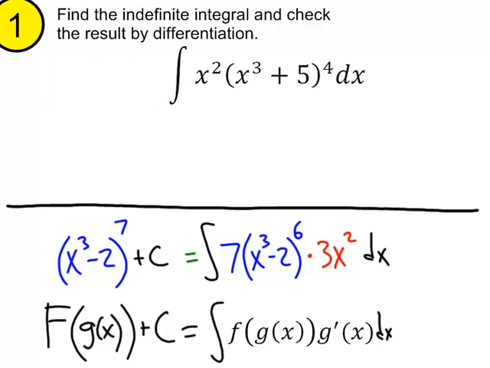So let's keep this down here, and let's tackle that problem up above now. I'm going to move it over a little bit and line it up with this function down here, and set up a similar structure. I'm recognizing that x cubed plus 5 is the inner function. And when I ask myself what's the derivative of that inner function, we get 3x squared. The x squared that we have hanging out on the outside is very similar to the 3x squared.